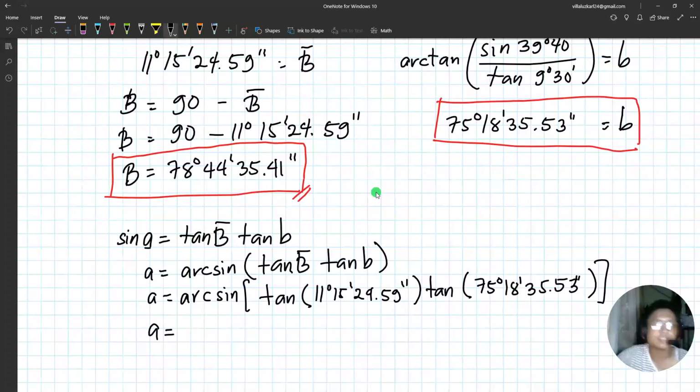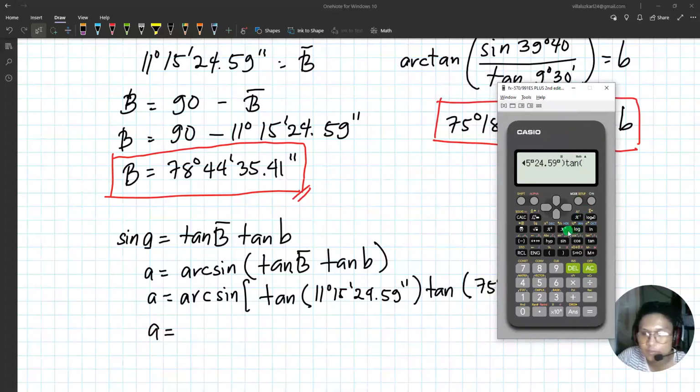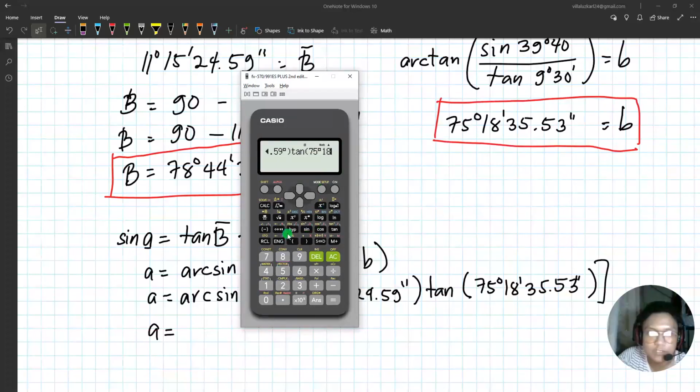Side A is arcsine of tangent 11 degrees 15 minutes 24.59 seconds times tangent of 75 degrees 18 minutes 35.53 seconds, close parenthesis.